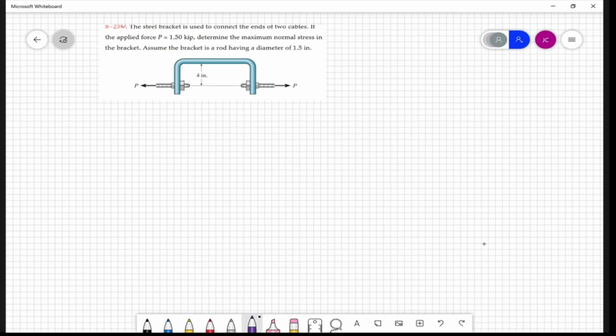Now, here's the trick. When you cut through here, if we draw that free body diagram, I'll do it here to the left, we have the force here of P. So that means we have a tensile force of P acting at that cross section.